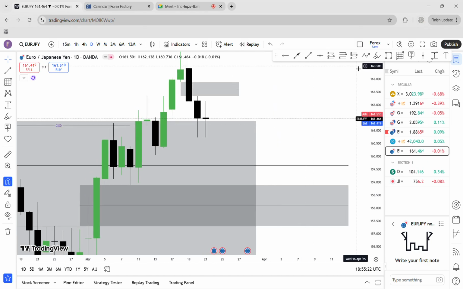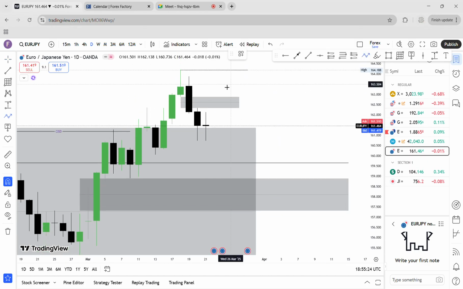What is this market doing already? The market is creating lower highs, lower lows before this inside bar now. This is just a pause, right? It could just continue going down. This is what we cannot control.